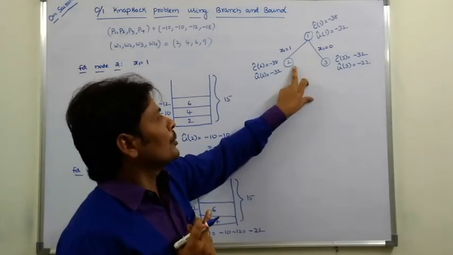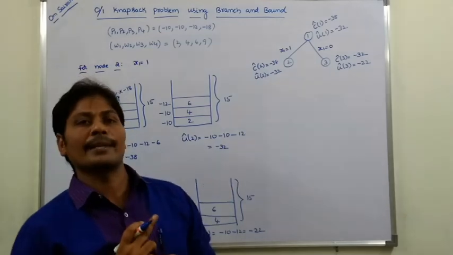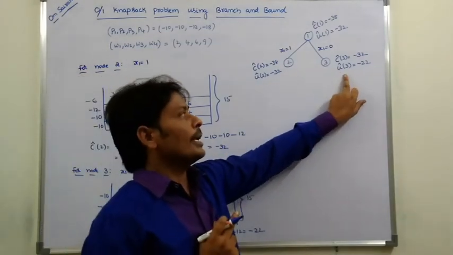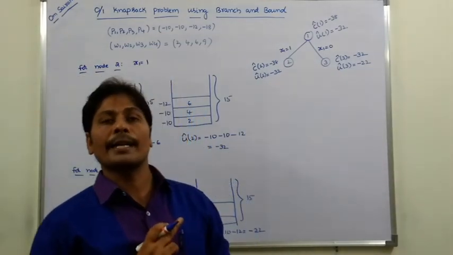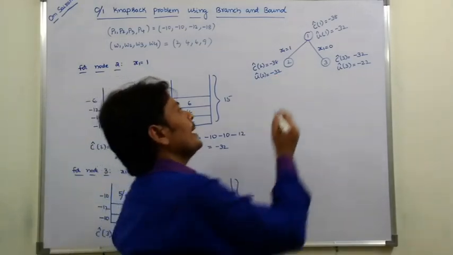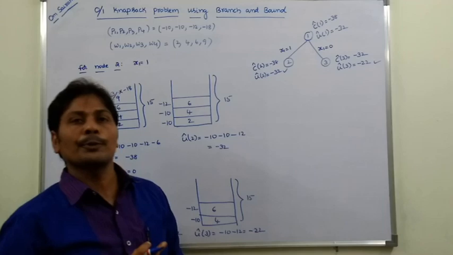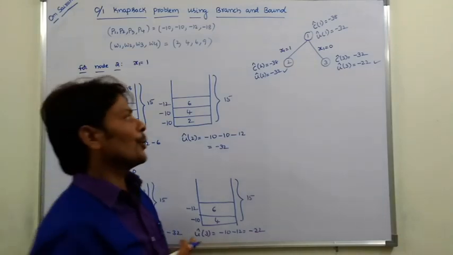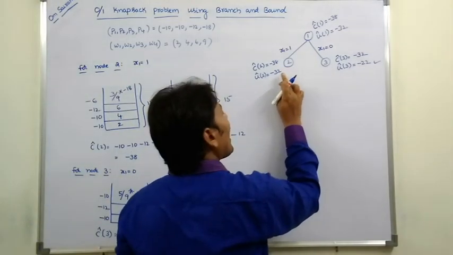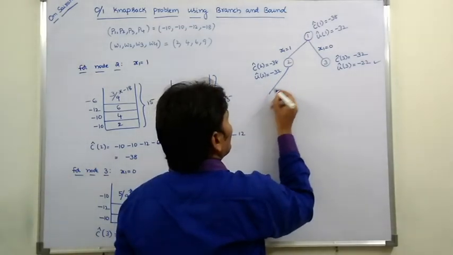For node 2, the upper bound value is minus 32. For node 3, the upper bound value is minus 22. Among these two, which is minimum? Minus 32 is minimum. So we have to expand node 2.